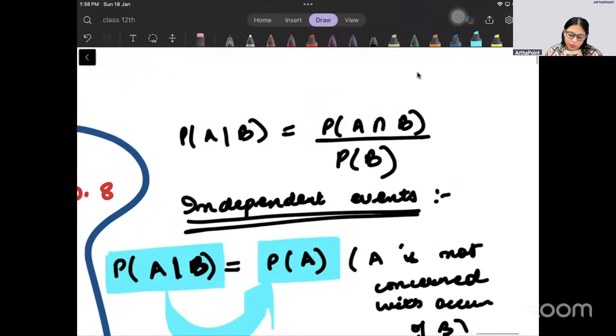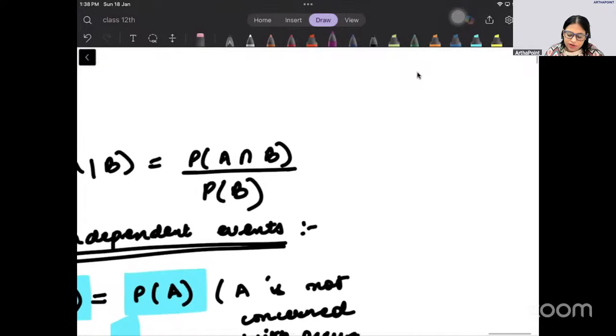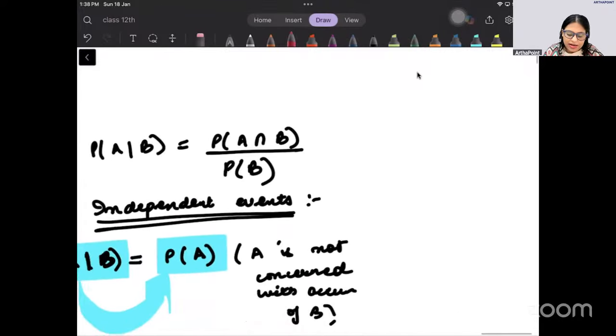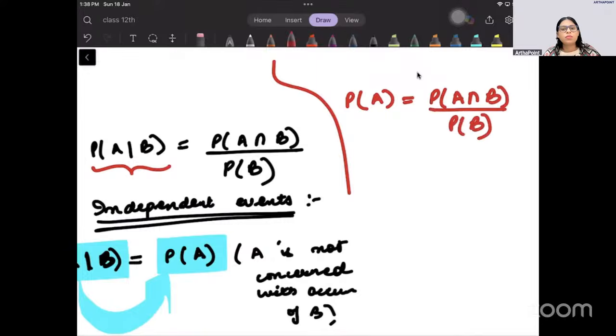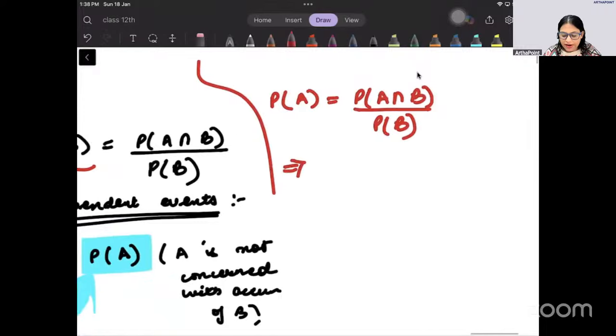Now, in this case, suppose if I have to write that A and B are independent events, so probability of A given B occurred will simply be probability of A. And from here, if I take it across, I will get probability of A intersection B as P(A) into P(B).